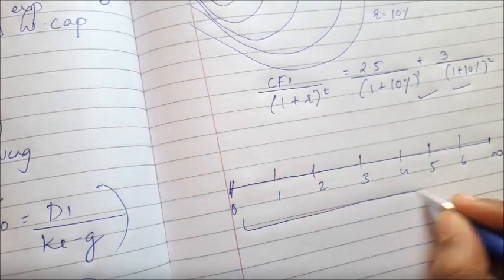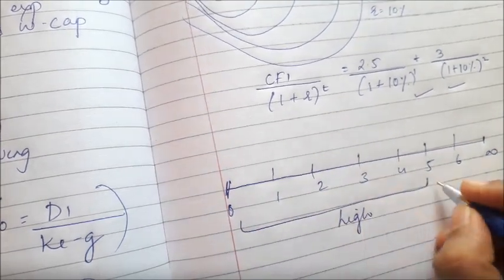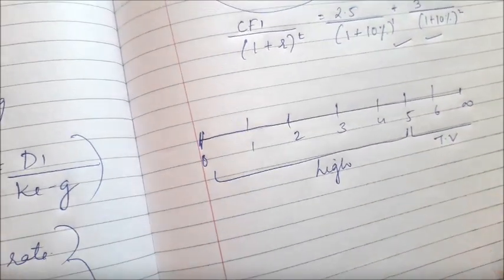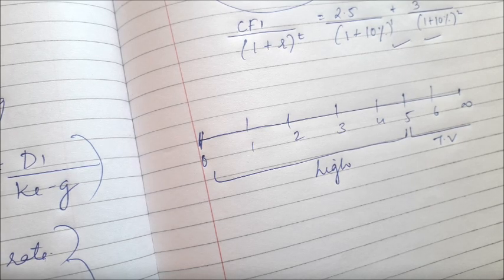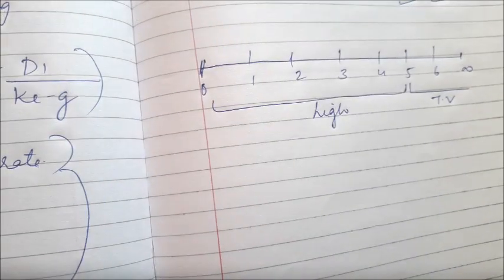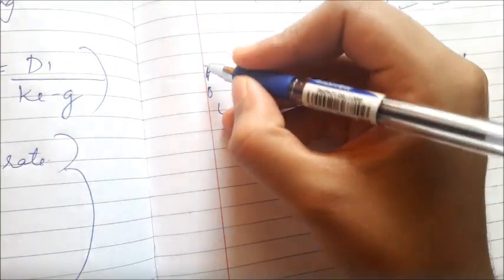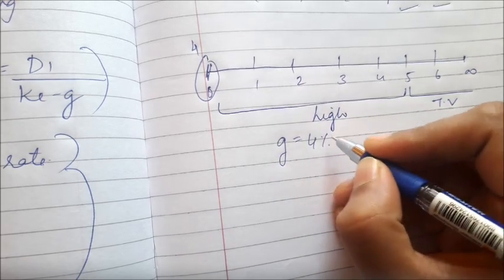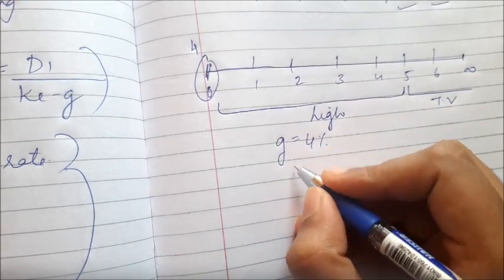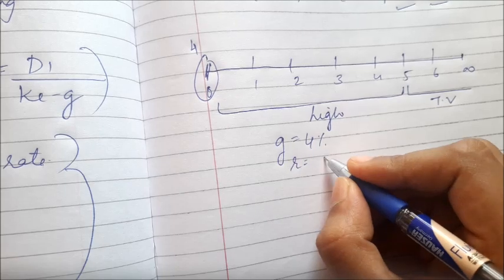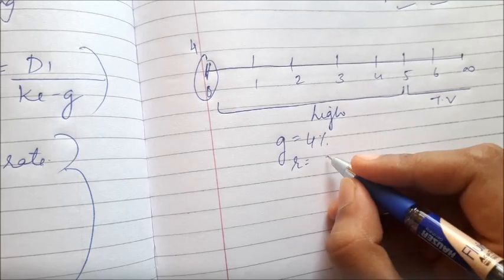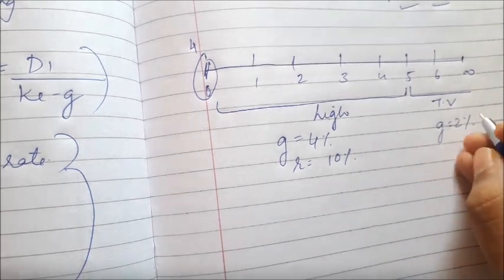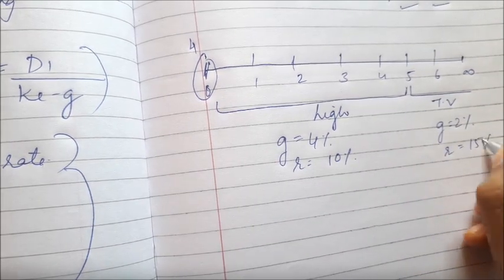Suppose this is the high growth period, and from here starts the terminal value. Terminal value is a stable growth period till infinity. Say the cash flows are even at 4 lakh, the growth rate is 4%, and the cost of capital is 10%, and here the growth is 2% and r is 15%.